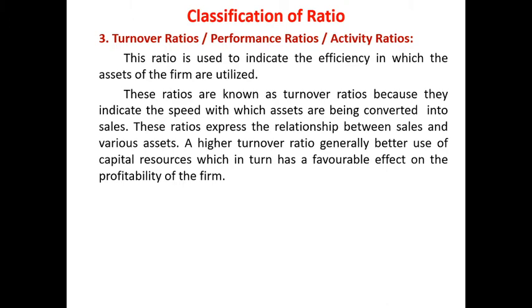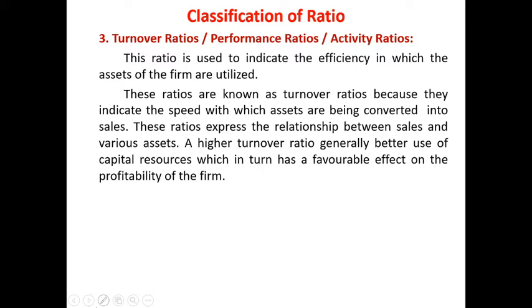Now, turnover ratio. It is also called performance ratio or activity ratio. This ratio is used to indicate the efficiency with which the assets of the firm are utilized. These ratios are also known as turnover ratios because they indicate the speed with which assets are being converted into sales.